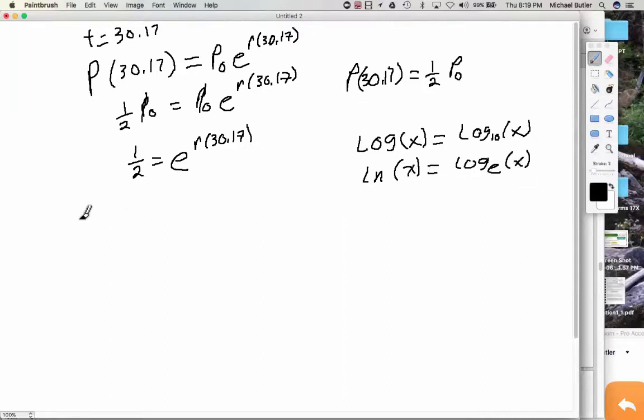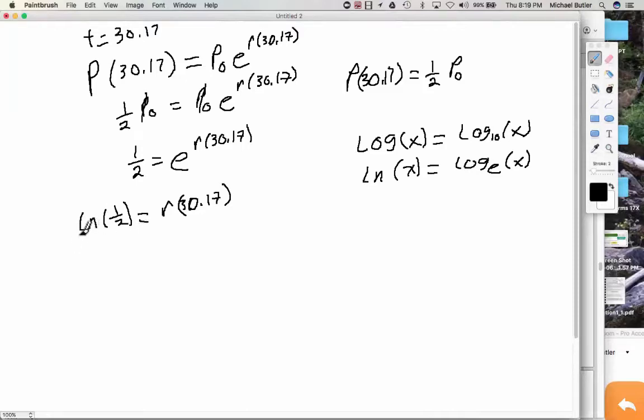So the easiest way to do this problem is just use the inverse operation to logarithm base e, which is ln. In other words, ln of 1/2 is equal to r times 30.17. So that's how I get out of the exponential form and into the logarithmic form.